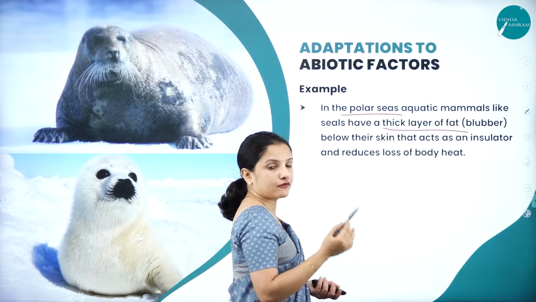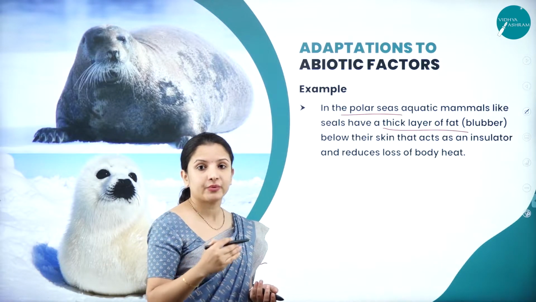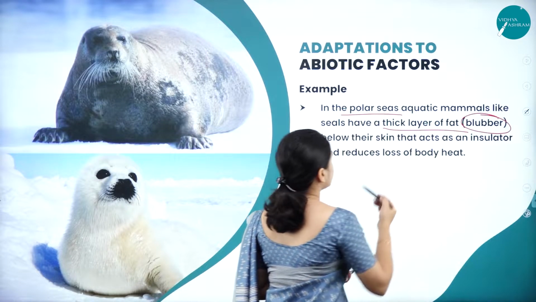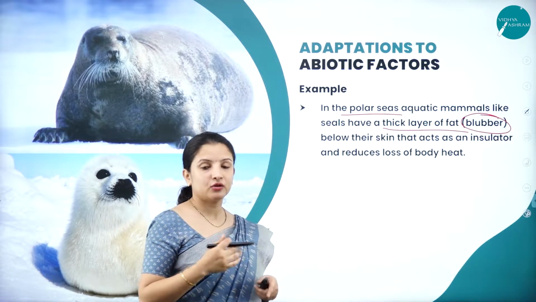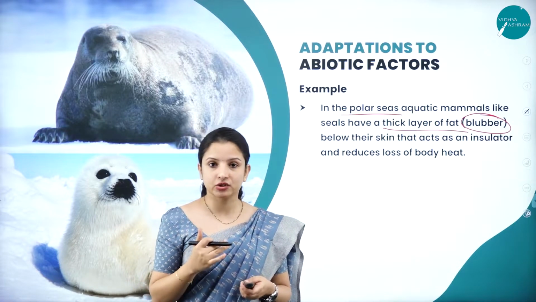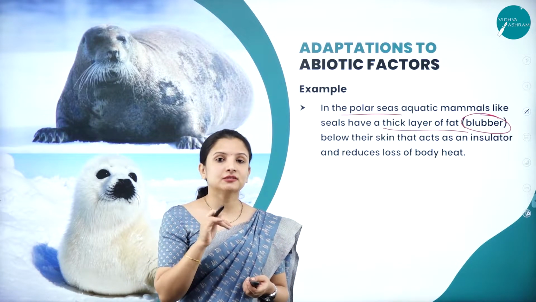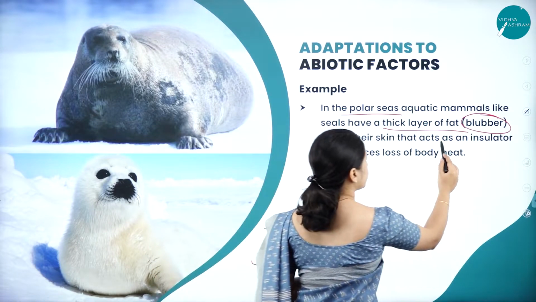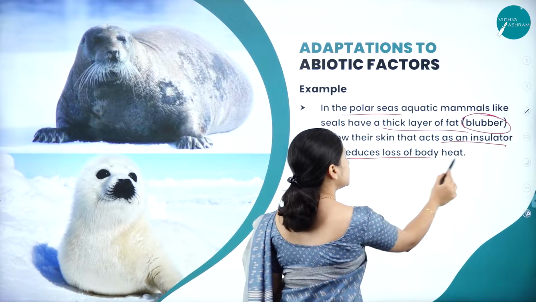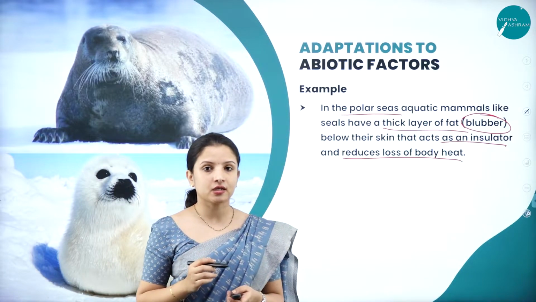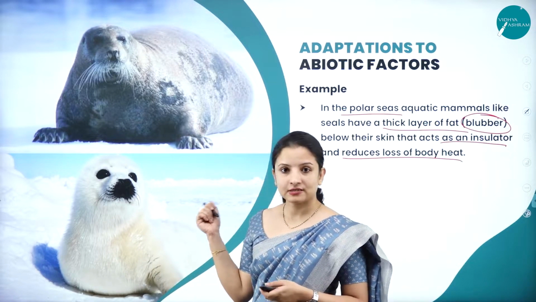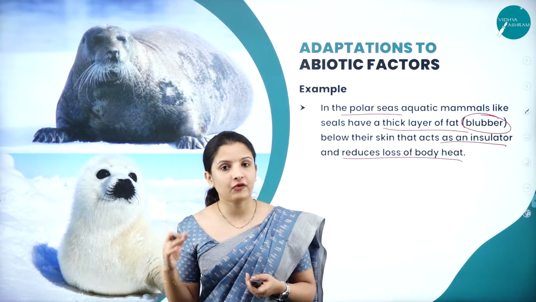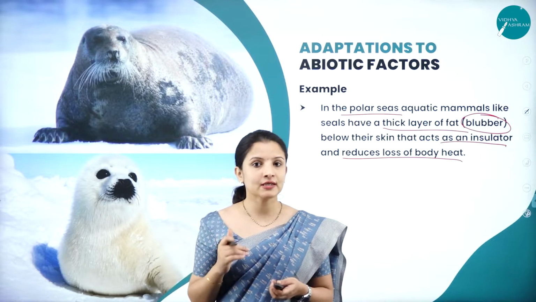That thick layer of fat is present just below the epidermis or the skin, and it is called the blubber. So this blubber below the skin acts like an insulator, because fat acts like an insulator, and thereby it reduces the loss of body heat. So that is how these seals survive the colder temperatures, because of the presence of a layer of fat called blubber below their skin.